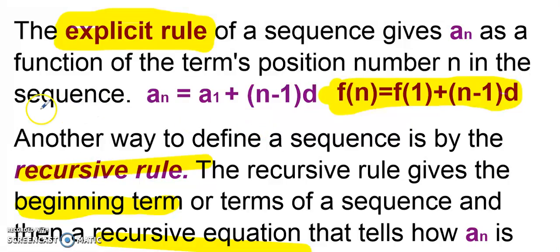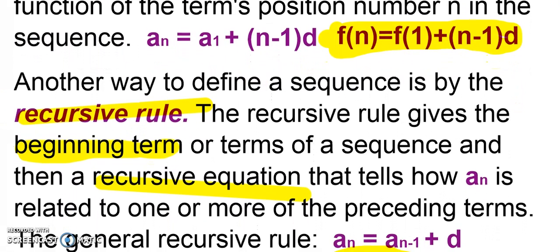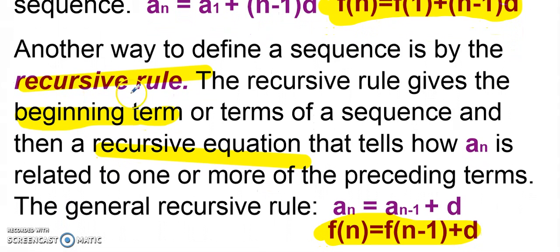and we actually literally use that and plug it into the formula when we do our n minus 1. Another way to define a sequence or to find new terms in the sequence is with the recursive rule. The recursive rule is always based off of the term before, and that's where we see that we can find f of n if we have the previous term, f of n minus 1 plus d. Now really there's no plugging in happening here other than in the notation.